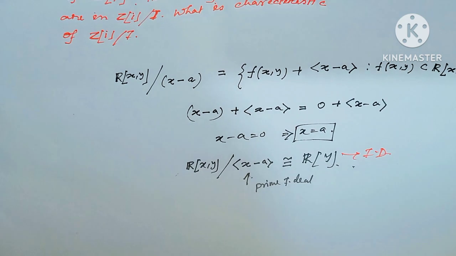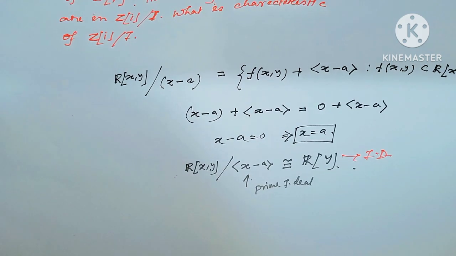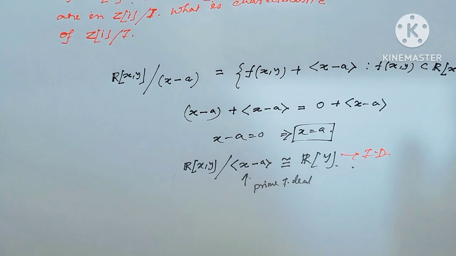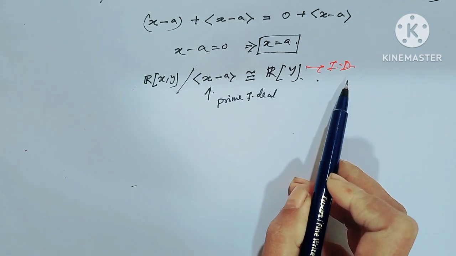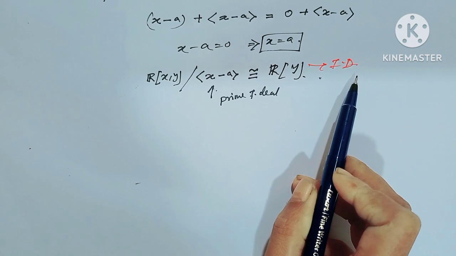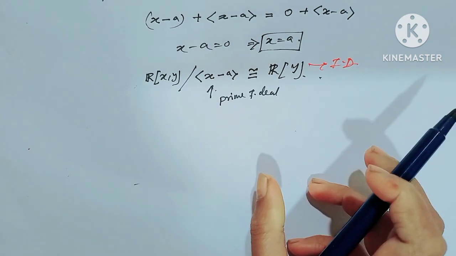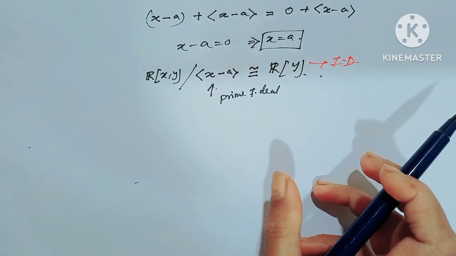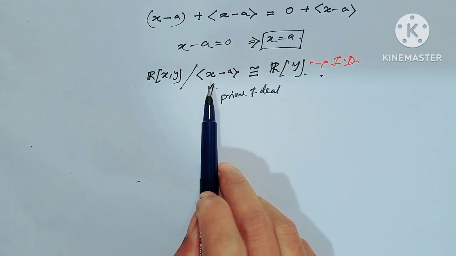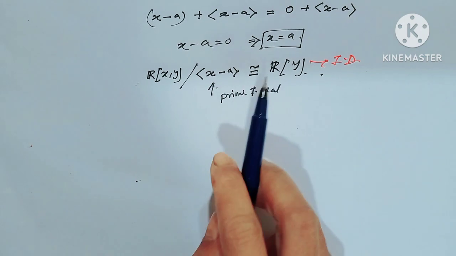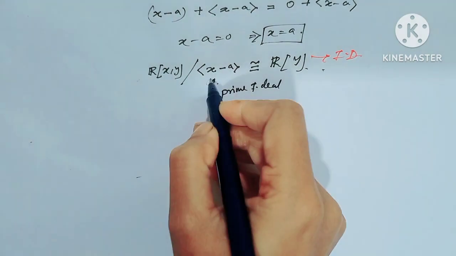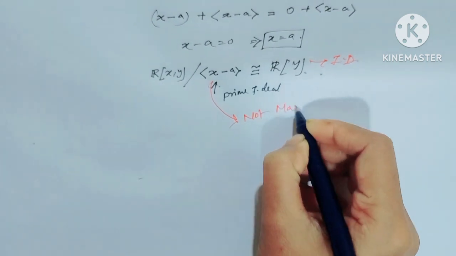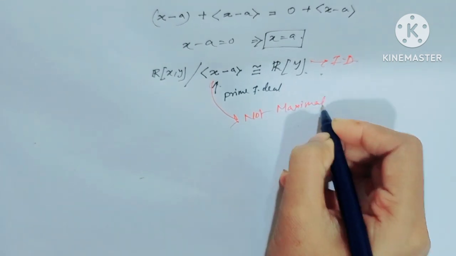Since this is an integral domain, and all of us know R[y] is not a field, because here R[y] is an integral domain but not a field. Here every element has no multiplicative inverse. So obviously this ideal is not a maximal ideal, only a prime ideal.